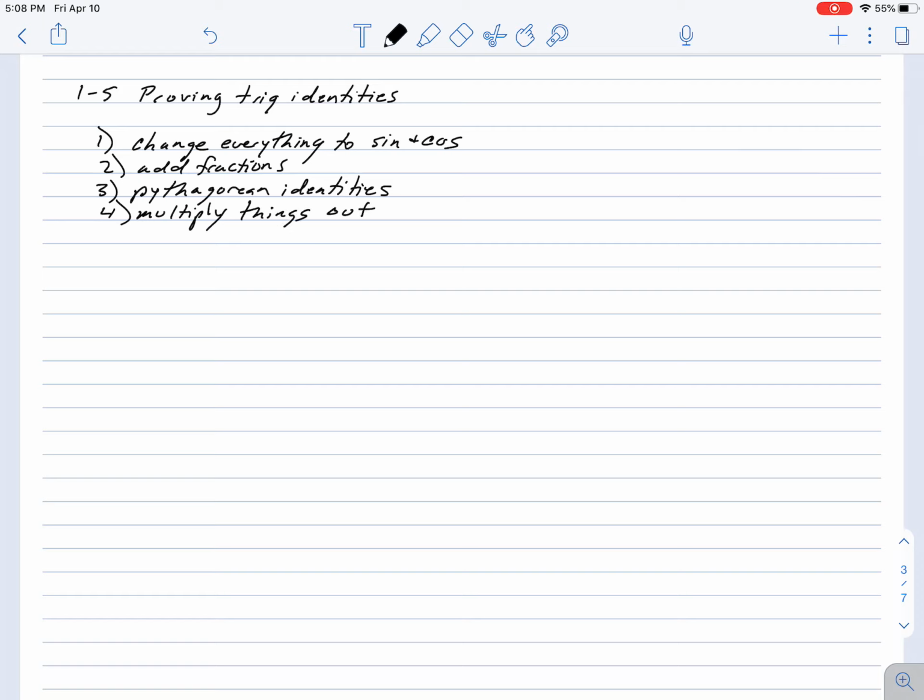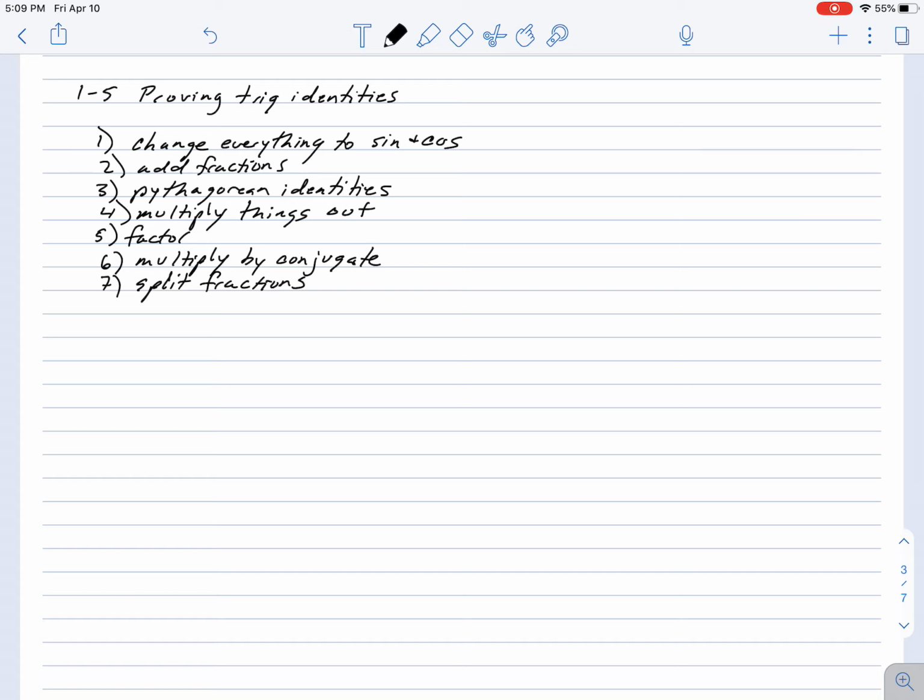If something's squared or multiplied by something else, you can multiply that out. Sometimes that's helpful. You can factor. You can multiply by the conjugate. That might be a new word. We'll talk about that. And you can split up fractions.